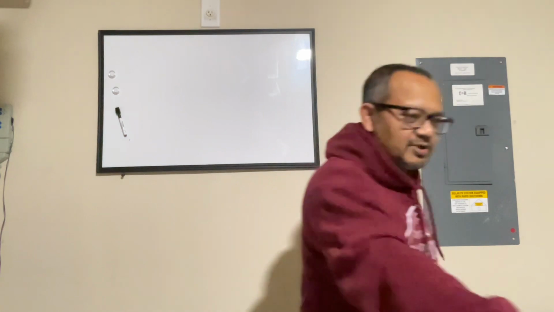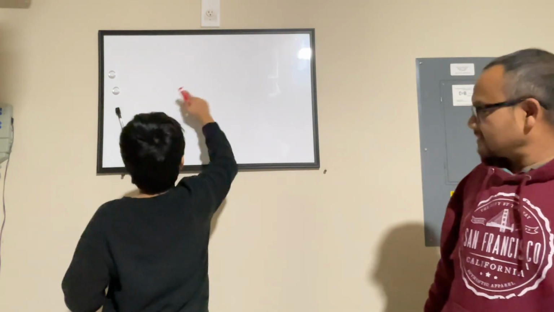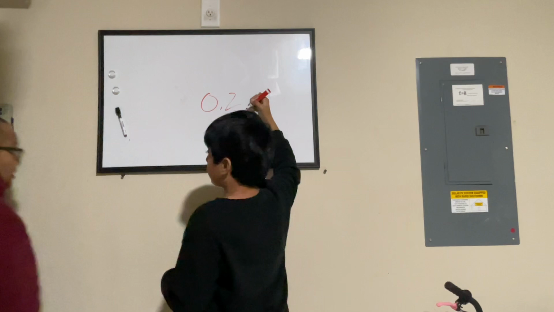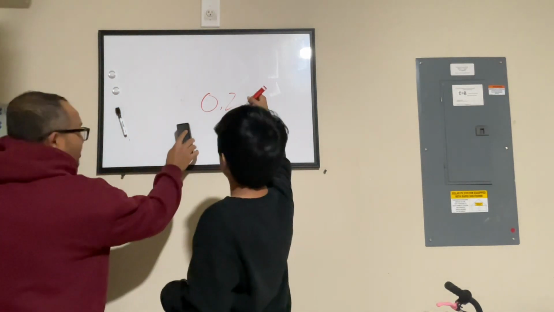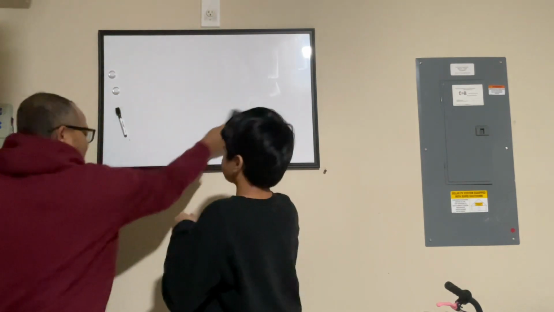What is a fraction? I don't know the definition, but basically a fraction is like 0.32, so it's a decimal. And you're not very far, but there's a difference.